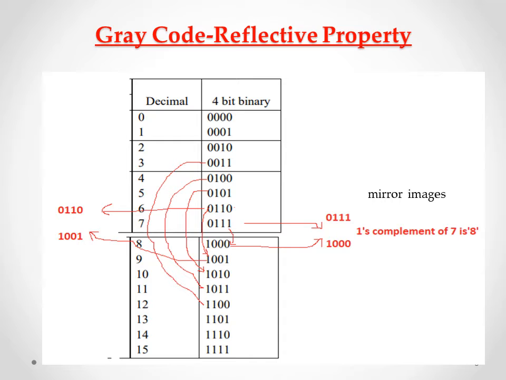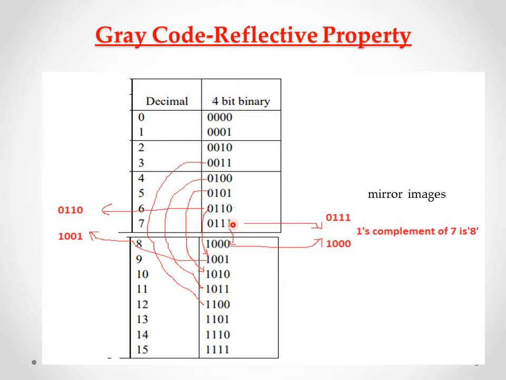Gray code reflective property. Let's see how it works. It's a 4-bit combination, so we are making 16 combinations. Now we will start from this point. Now it's binary 0111, which is 7, and we are taking the 1's complement of 7. The 1's complement of 7 is 1000, that is 8.